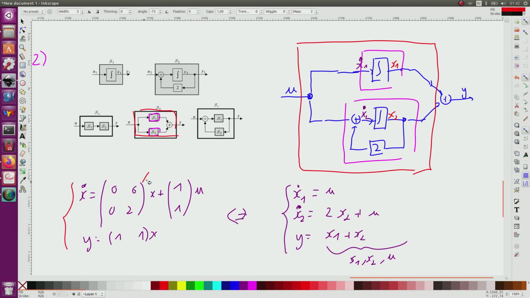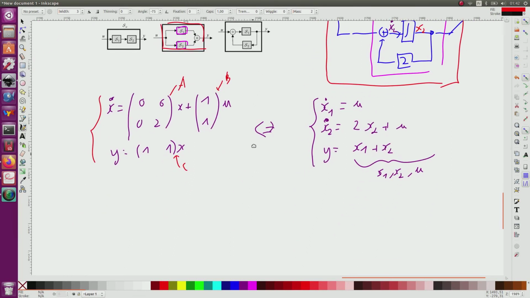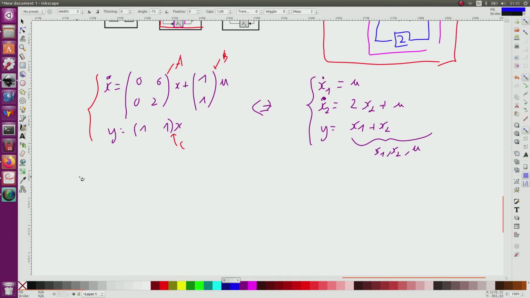Okay, this is the matrix A, B, and C. Again, I know that G of s equals C (sI minus A) to the minus 1 B plus D, which is 0.